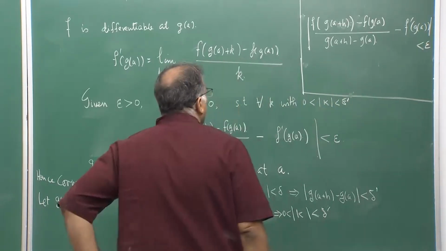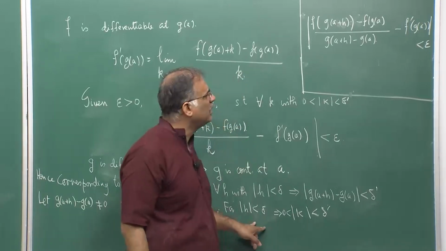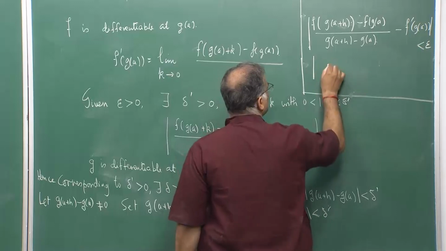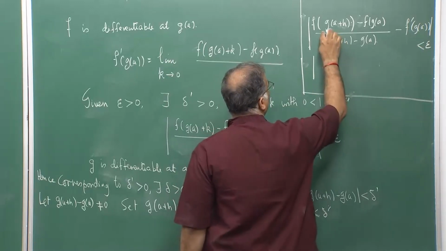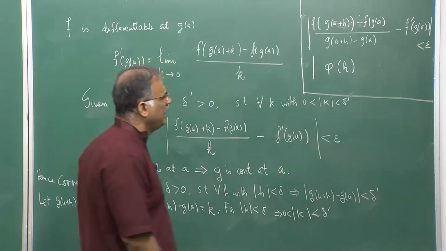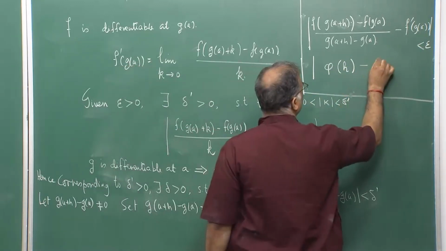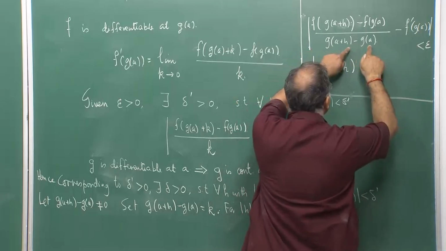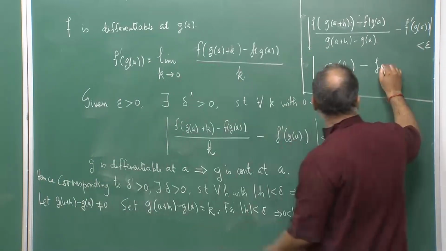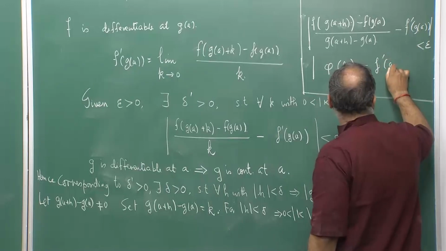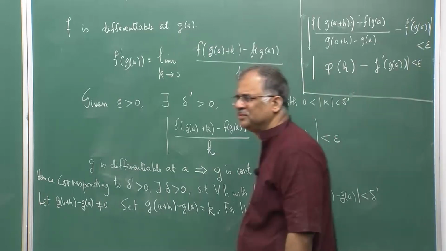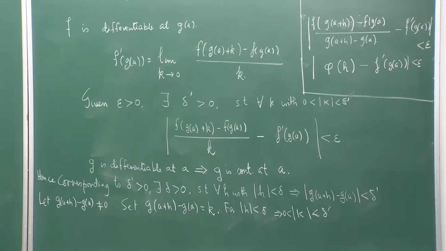So for all |h| < delta, this is this. So what is this? This is nothing but phi(h) minus f dash of g(a), because whenever g(a+h) - g(a) is not equal to 0, phi(h) is defined like this, is strictly less than epsilon whenever |h| is less than delta.